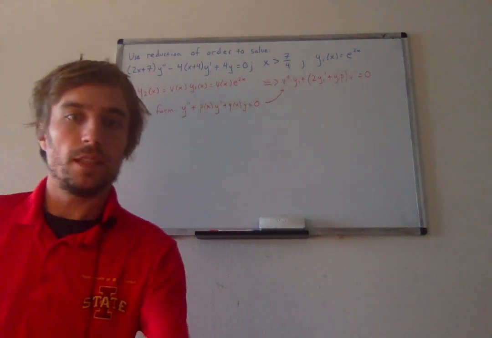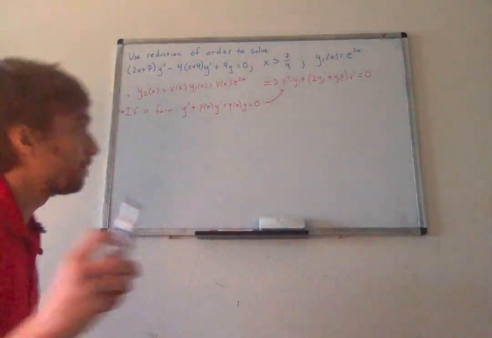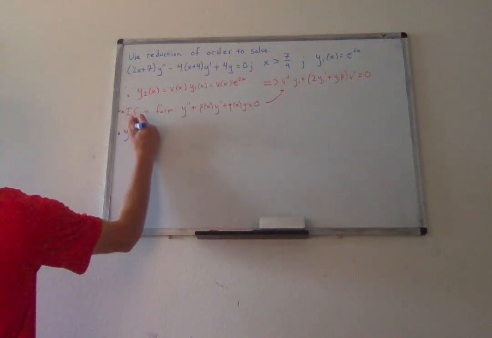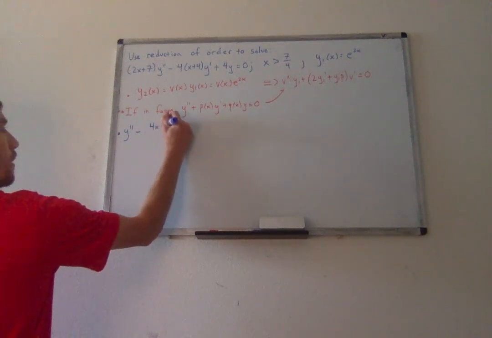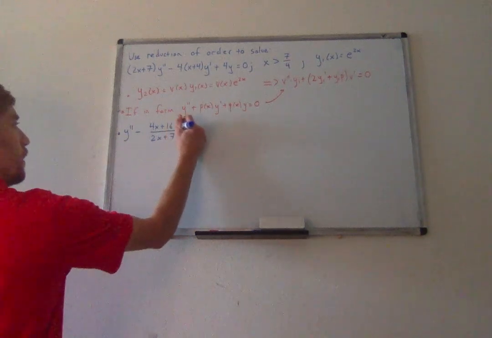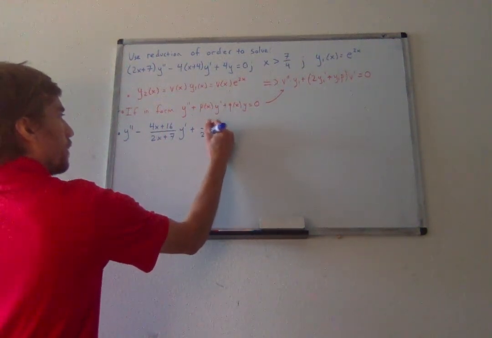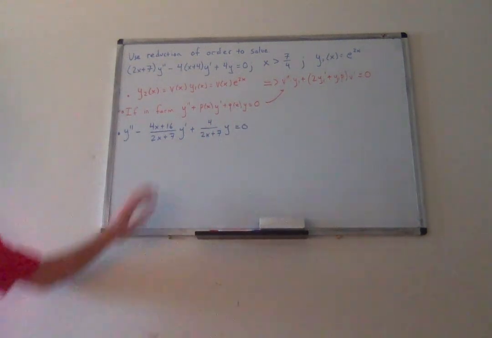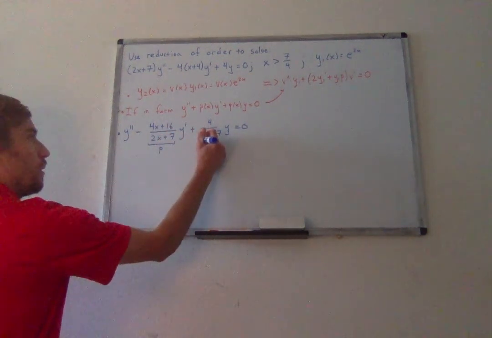So we do need to make the very quick adjustment to our current differential equation. We need to divide through by 2x plus 7. So doing that, I get the following equivalent equation. That looks like that. So now it's in this form. This is my P. This is my Q.